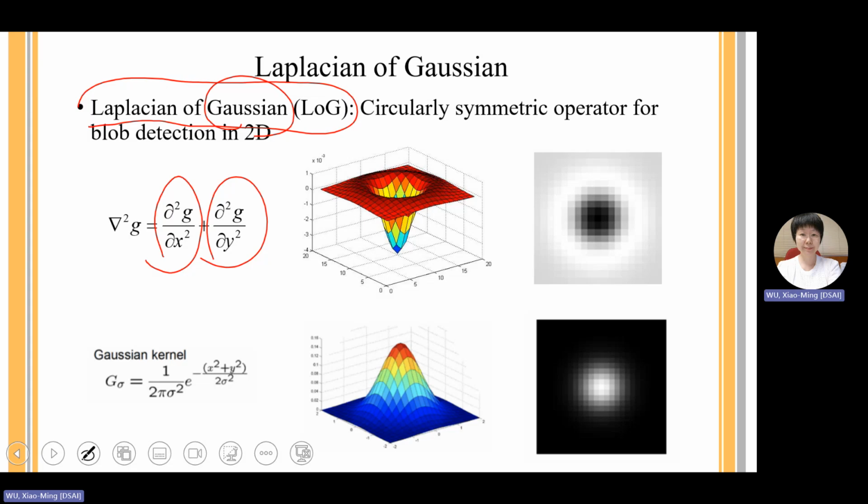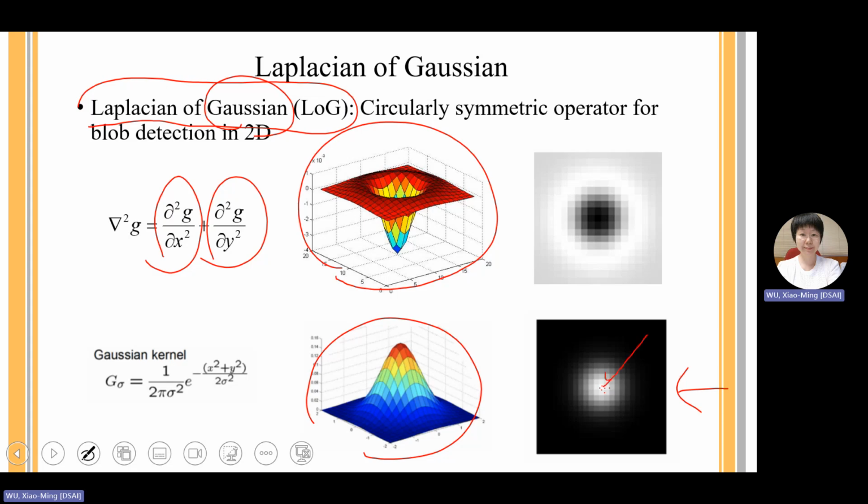Anyway, LOG looks like this, and Gaussian looks like this. You can see the peak is at its center, and then the value diminishes quickly with distance.